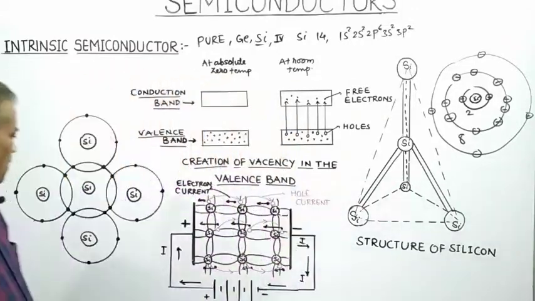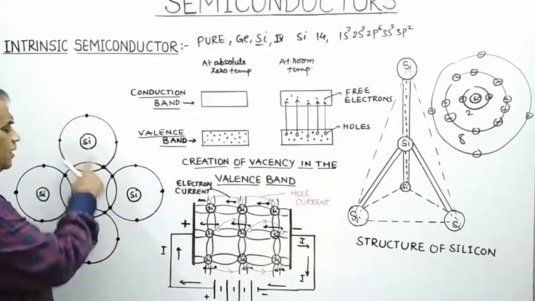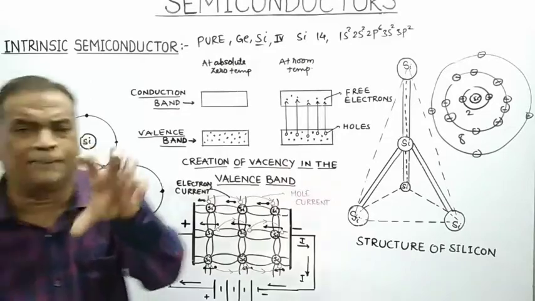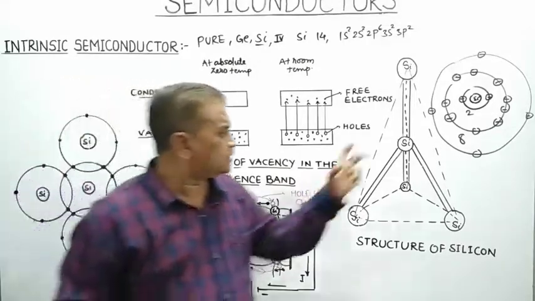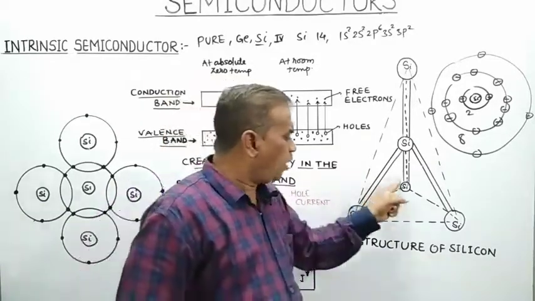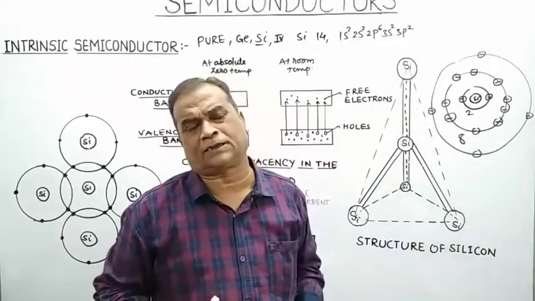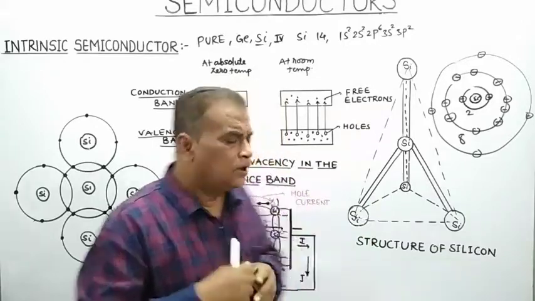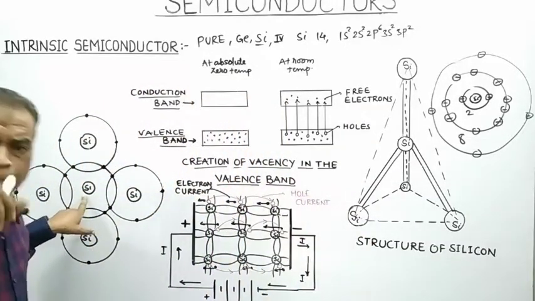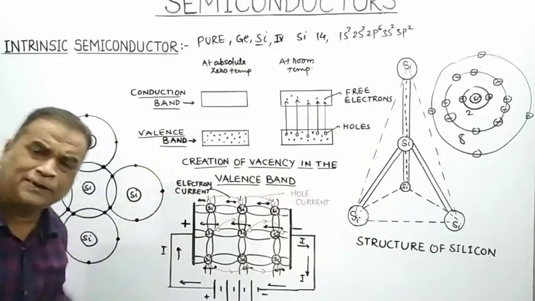So in order to have 8 electrons in the outermost orbit, every silicon atom will share 1 electron each from 4 of its neighboring silicon atoms. Remember, silicon has a tetrahedral structure, which means 4 silicon atoms are present at the 4 corners of the tetrahedral structure. So every silicon atom becomes stable by sharing 1 electron each from 4 of its neighboring atoms.